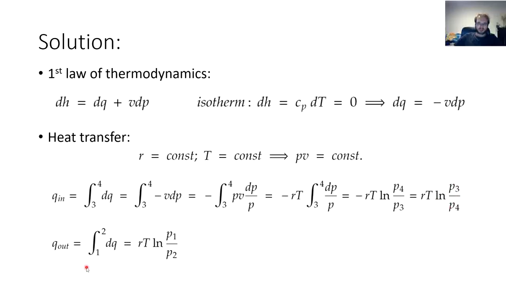The same method can be used for the heat rejection, also an isotherm between points 1 and 2, giving the form RT logarithm P1 over P2.